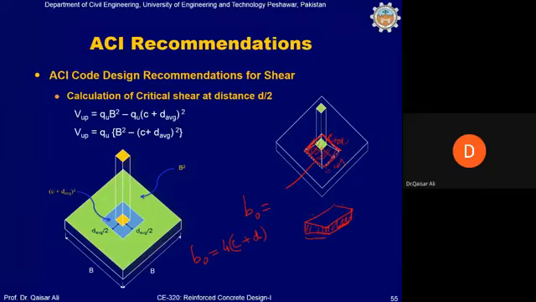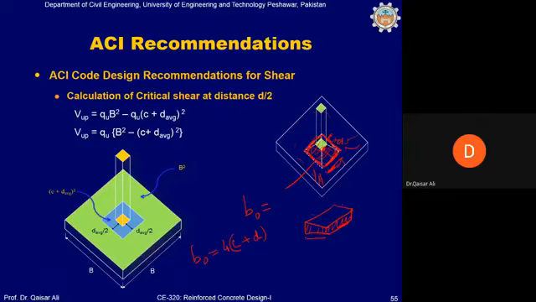This area must be deducted because the punching shear is produced by the pressure of soil on the remaining area, not on this area, because the pressure exerted on this area will not cause shearing at the face of the column. The shearing is produced at a distance of d/2 from the face of the column. So this remaining area will be basically causing the punching shear.